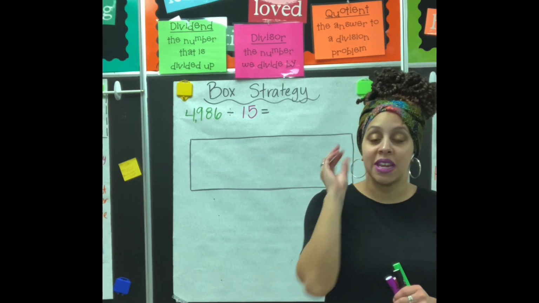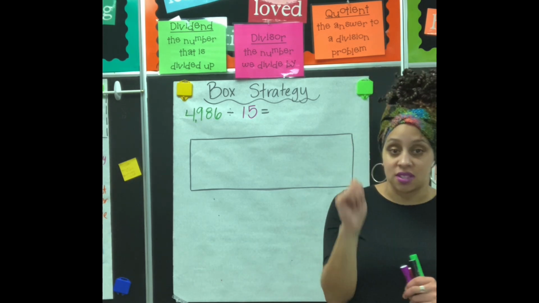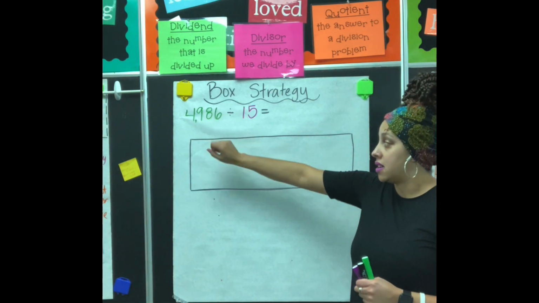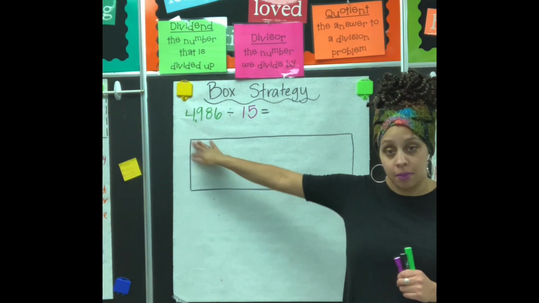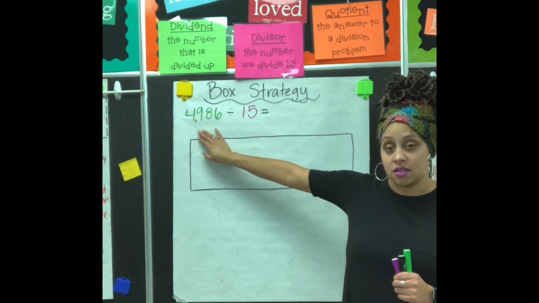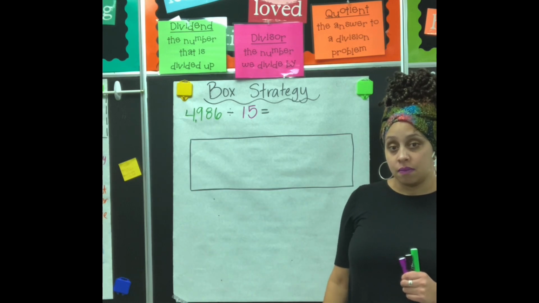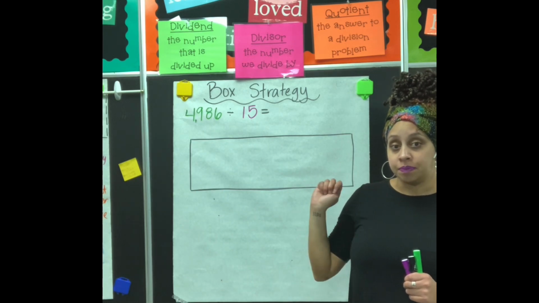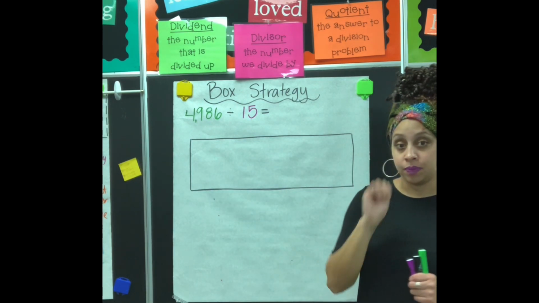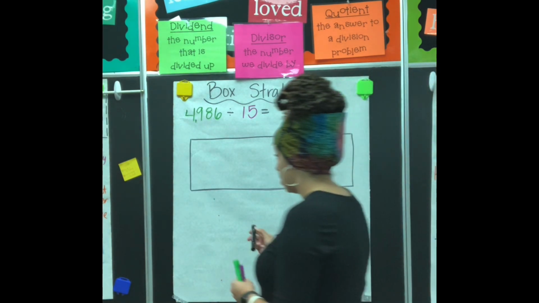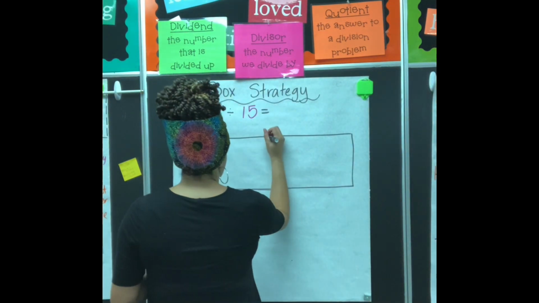And so however many digits there are in our dividend is how many boxes we need in our box strategy. So how many digits are there in our dividend? There are 4. So we're going to split our box into 4 parts.